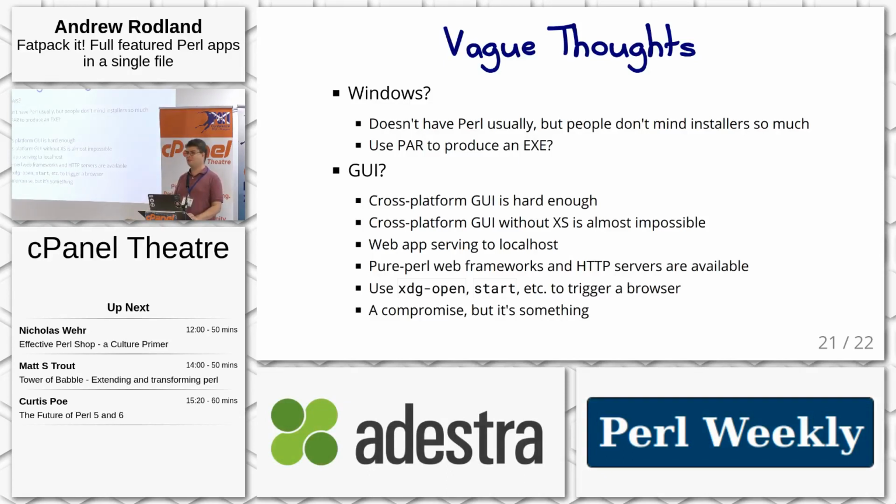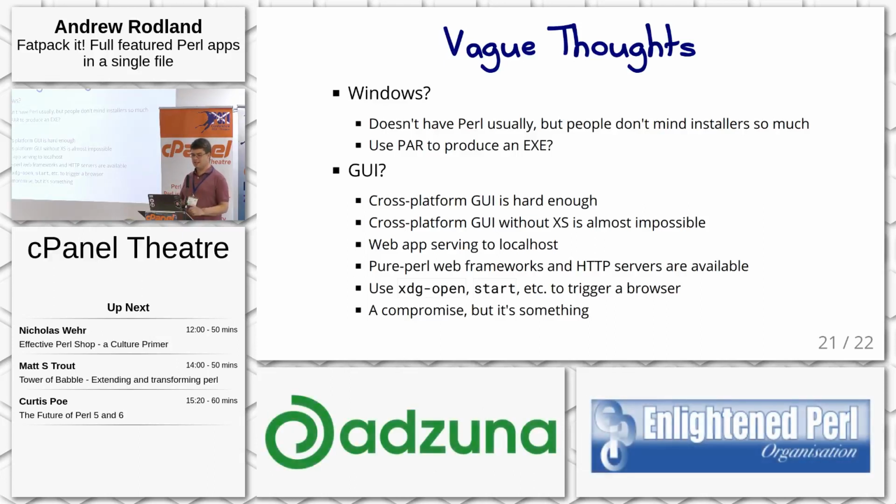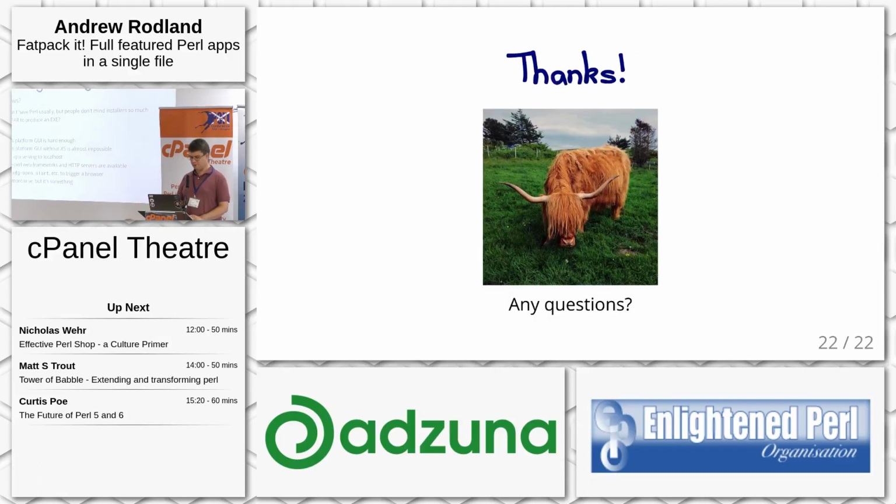So write your app as a web API, stick whatever kind of fancy GUI that you want on that, React, Angular, and expose it that way. Try to figure out the best you can how to open a browser on the user's system to localhost, and open your application up that way. Bam, you've given them a GUI. It's not pretty, it's not seamless, but it's something that you may be able to use. Just a thought to chew on.